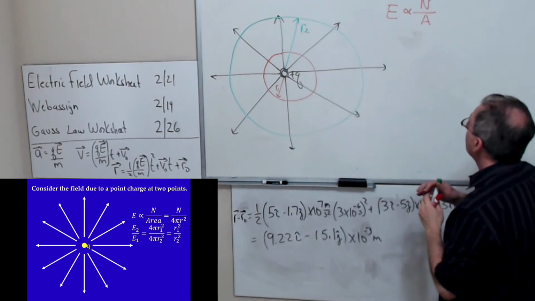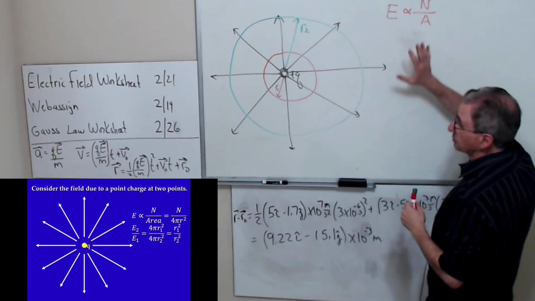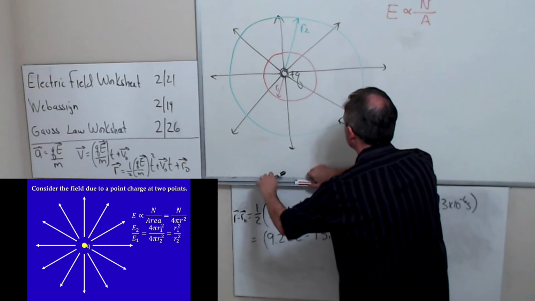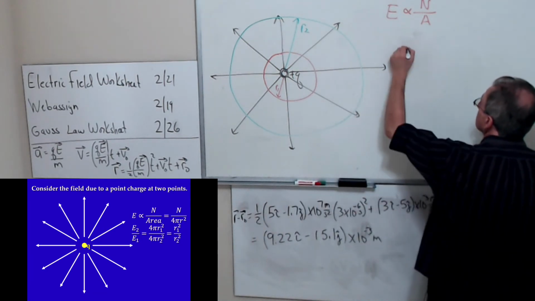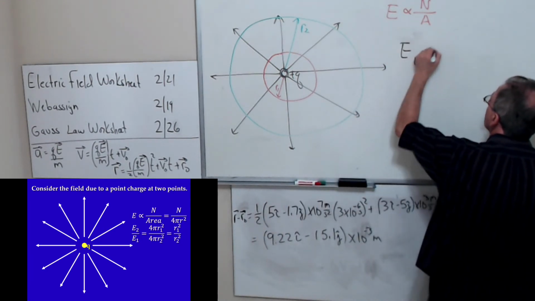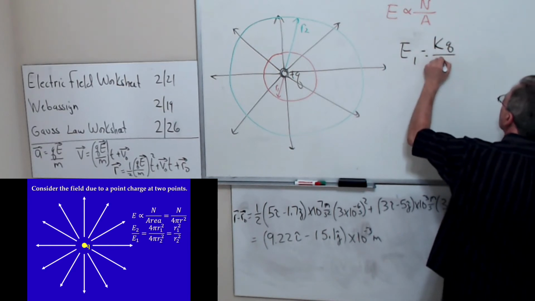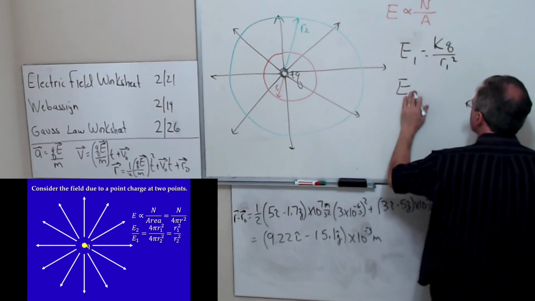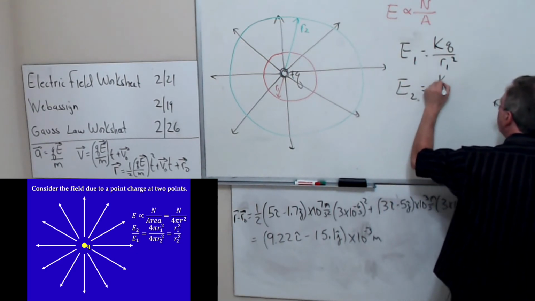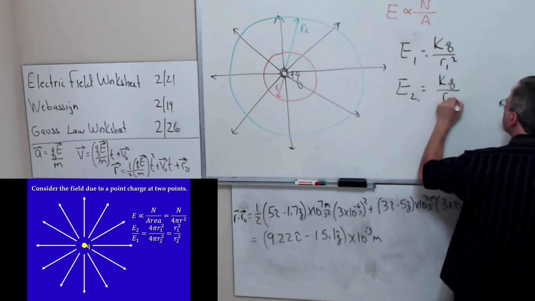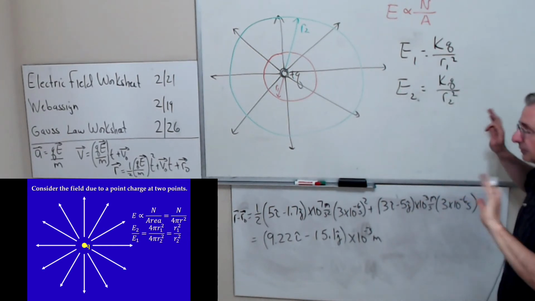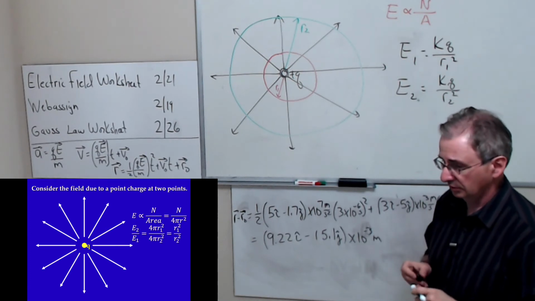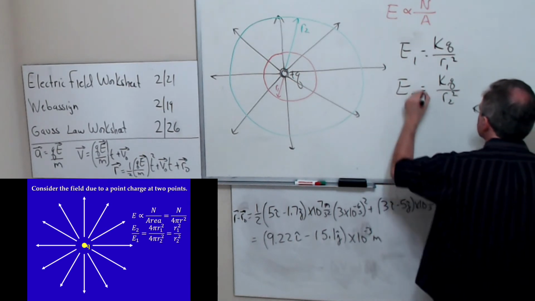Now, I'm interested in the number of lines per unit area, and I'm interested in the electric field. So let's take a look at the electric field at those two locations. The electric field at location 1 is KQ over R1 squared. The electric field at R2 is KQ over R2 squared. Everybody's okay with that. I'm not writing vectors, this is just the magnitude of the field.